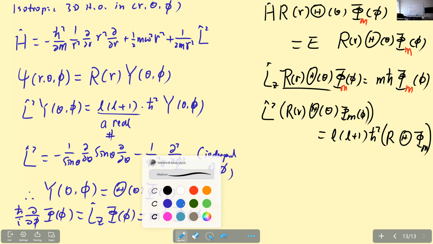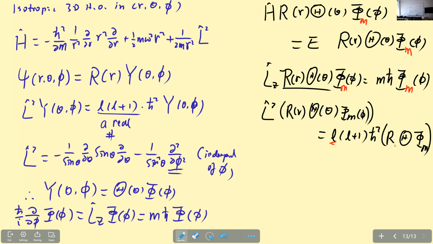But since this has an l right here, let me call this one l, but it could depend on m, because you need to put back the eigenstates of the partial phi over there. So this is a function of l and m.